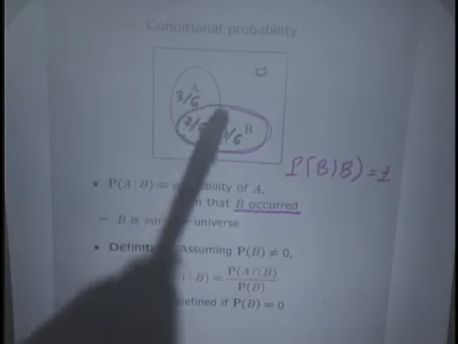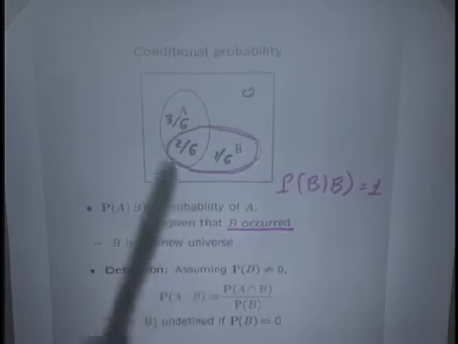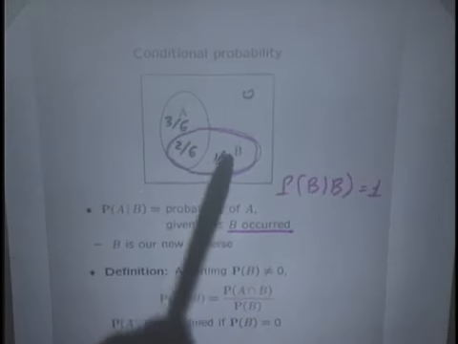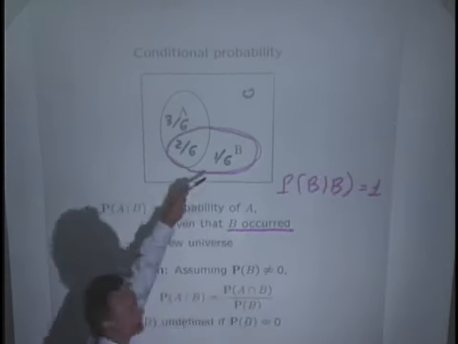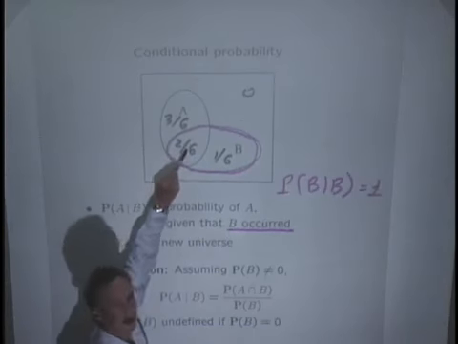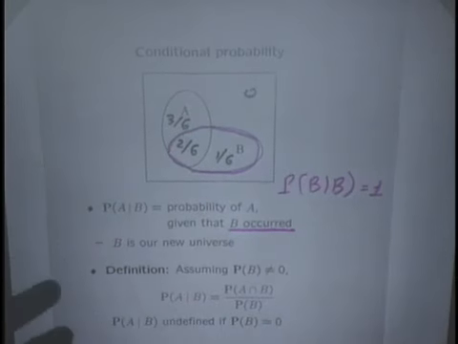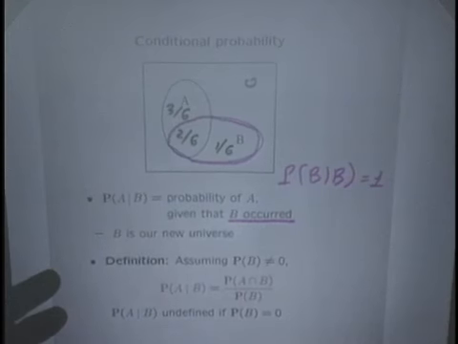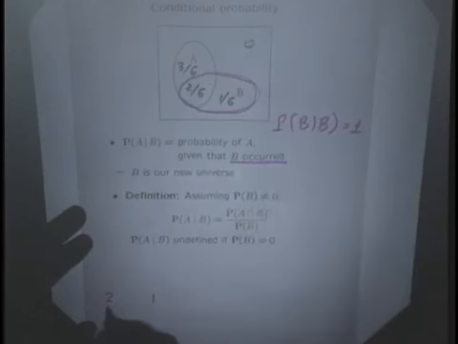This part of the set B, in which A also occurs, in our initial model was twice as likely as that part of B. So outcomes inside here were collectively twice as likely as outcomes out there. So we're going to keep the same proportions and say that given that we are inside the set B, we still want outcomes inside here to be twice as likely as outcomes there. So the proportions of the probabilities should be 2 versus 1. And these probabilities should add up to 1, because together they make the conditional probability of B.